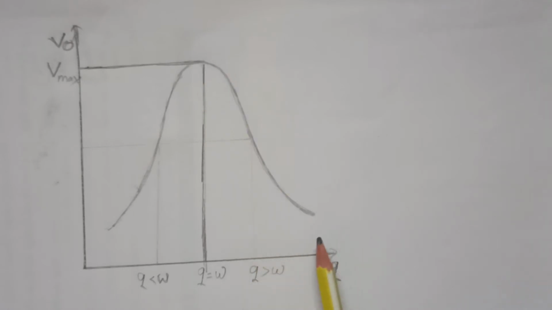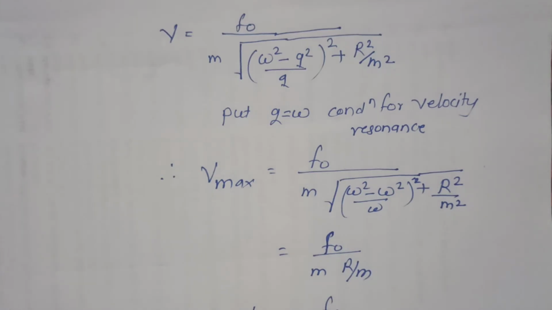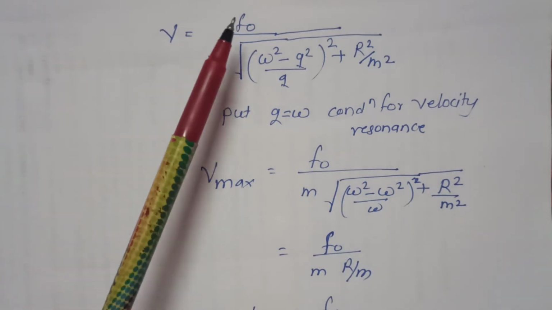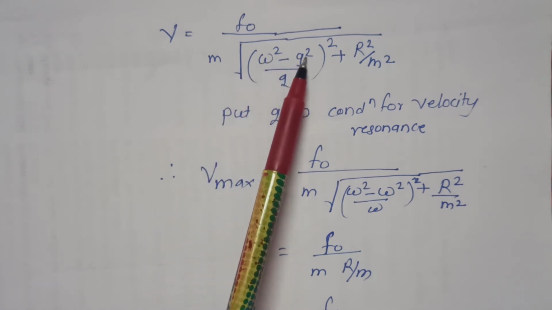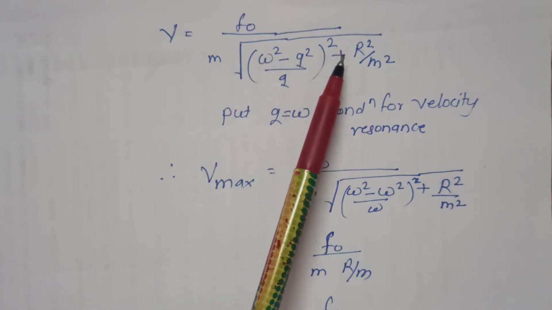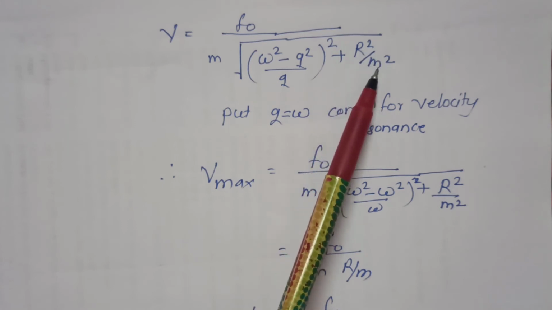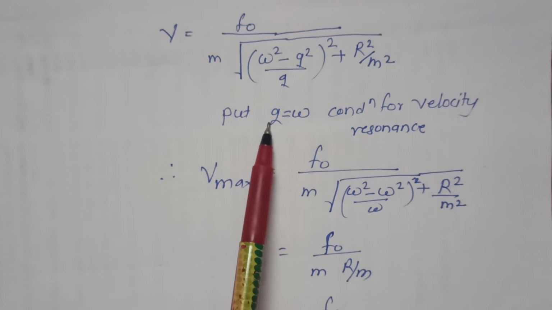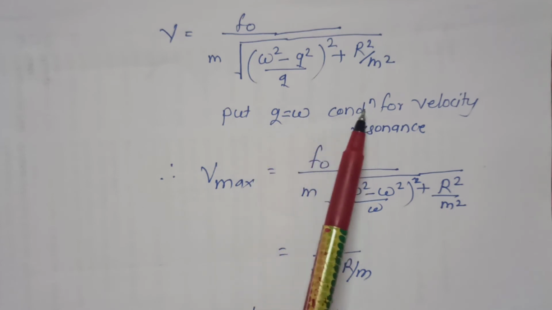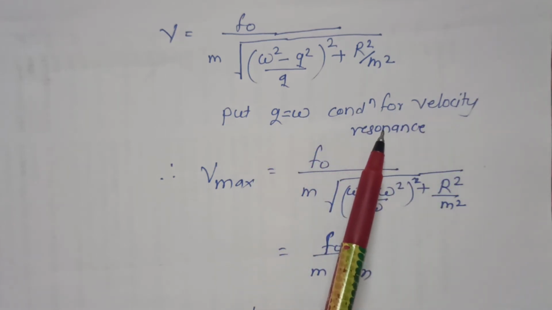Beyond this, as q increases, the amplitude decreases. V is equal to f0 by m square root of [(omega square minus q square) upon q] whole square plus r square upon m square. Put q is equal to omega.